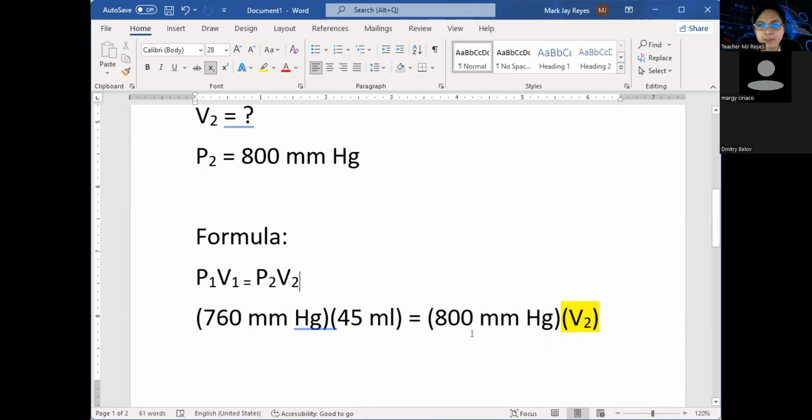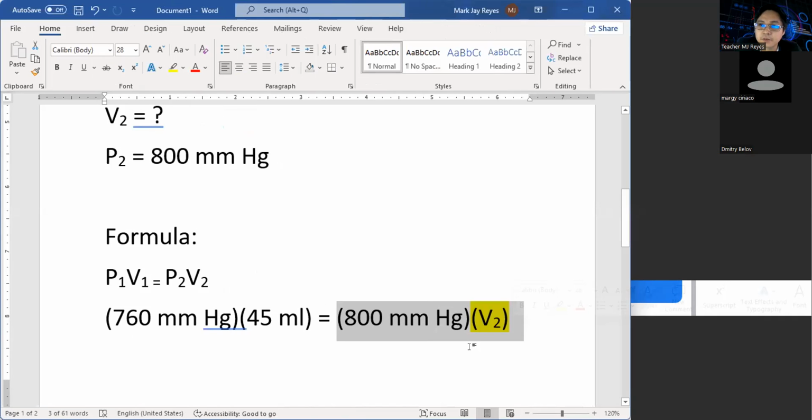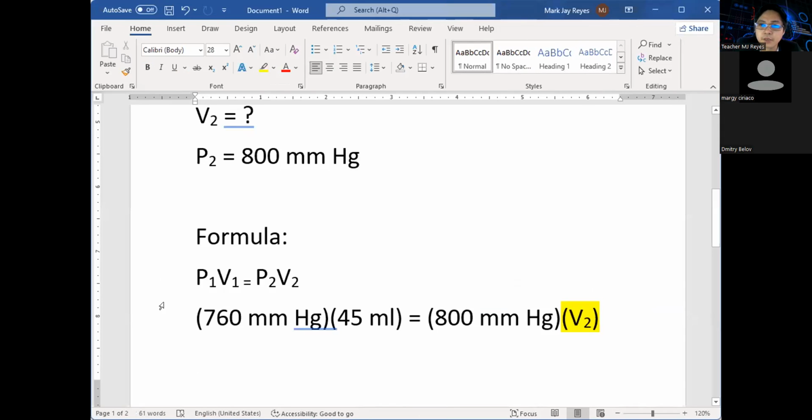And we cannot multiply this because this is unknown. V2 there is unknown. It doesn't have any value. But here we can actually multiply. And this is the base formula. We can multiply this one, of course, because it has actually given values.